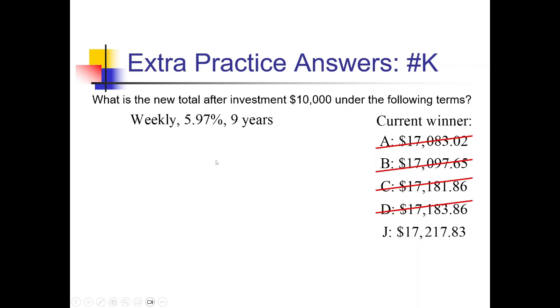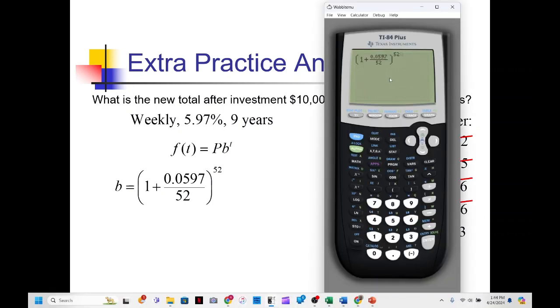Up next, we've got Plan K, weekly, 5.97% interest, 9 years. So using PB to the T on this, we have 1 plus 0.0597 over weekly, that's going to be 52 and 52. That gives us a B value of about 1.0615.